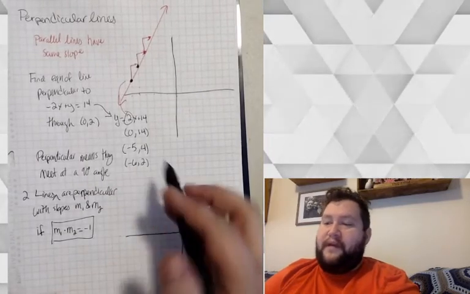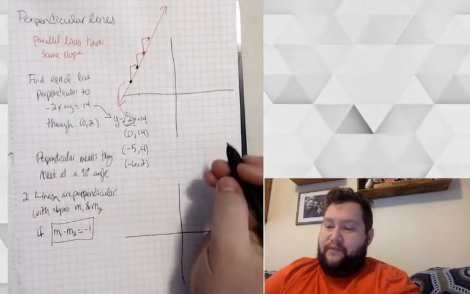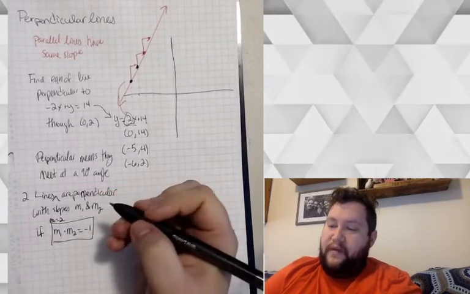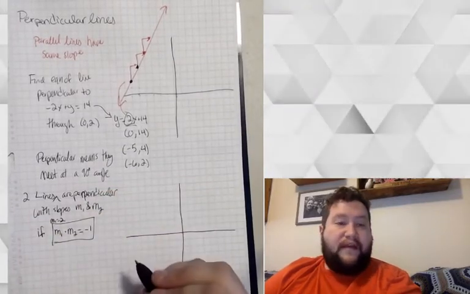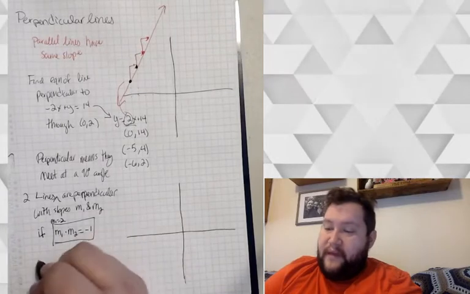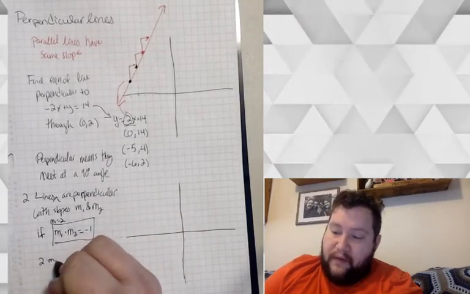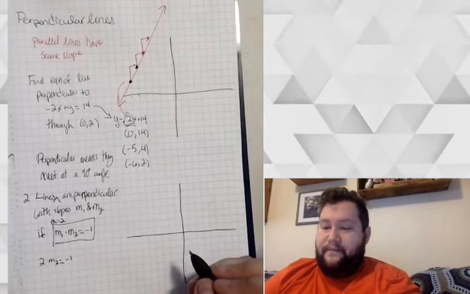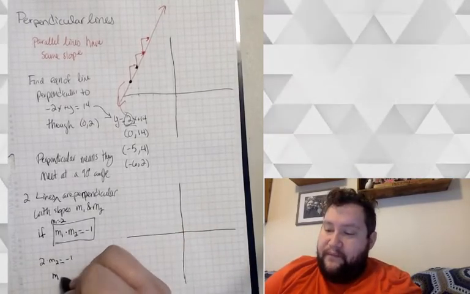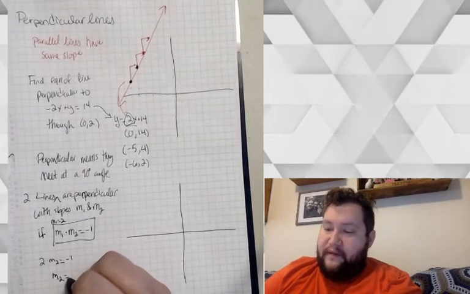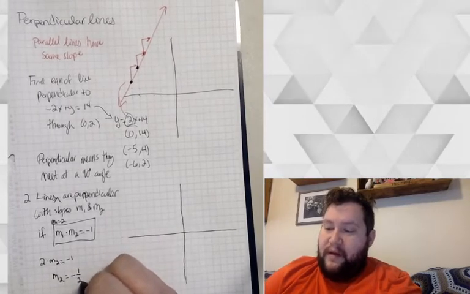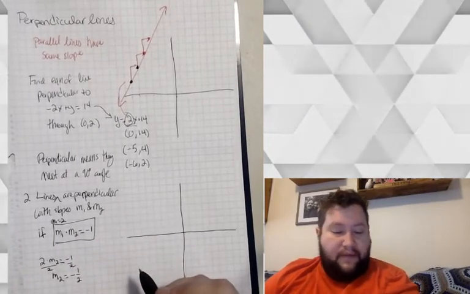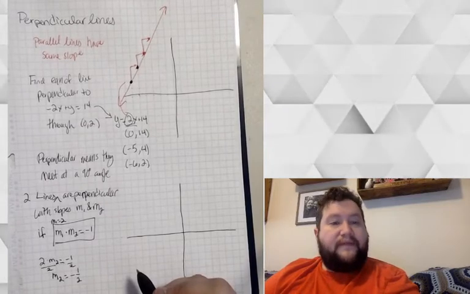So what was our slope here? Our slope was 2. So m1 was 2. So we need to use this equation to find m2. So we have 2 times m2 equals -1. And that means m2 is -1/2, right? Just divide both sides by 2. m2 equals -1/2.